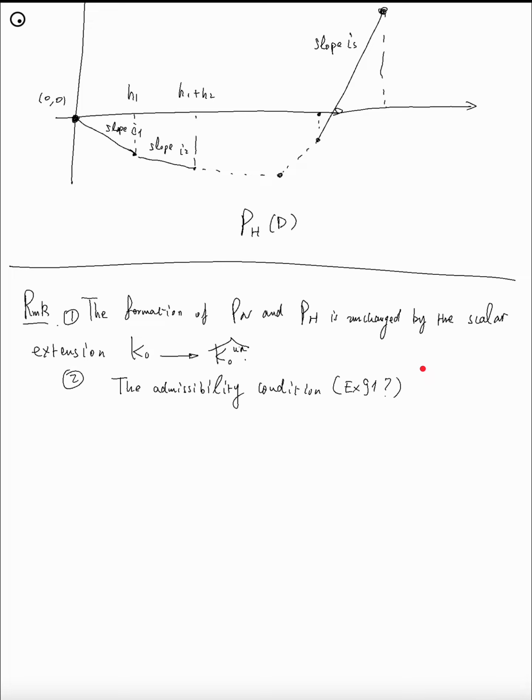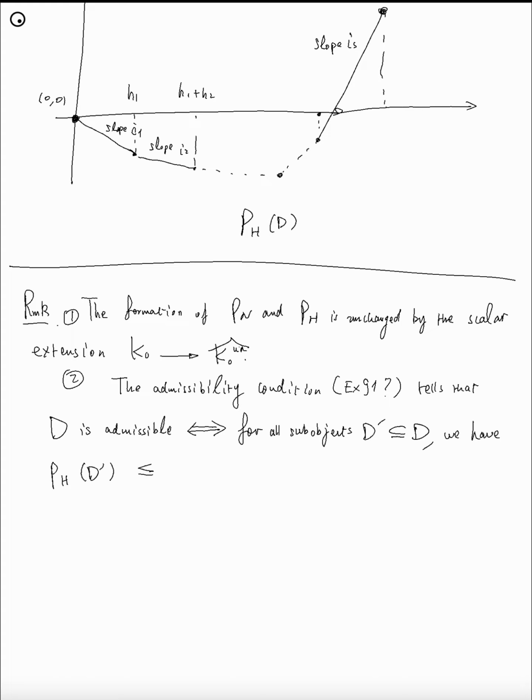So the admissible condition there tells that D is admissible if and only if for all subobjects D prime contained in D, we have the Hodge polygon always under the Newton polygon, which means geometrically the Newton polygon lies above the Hodge polygon.